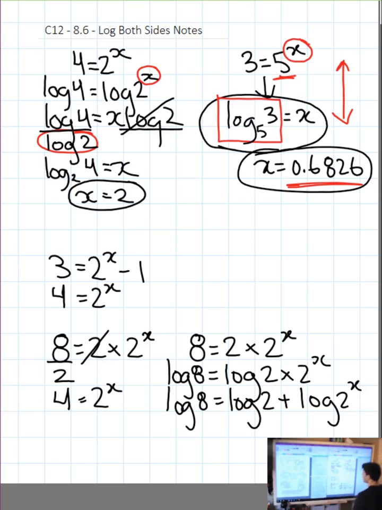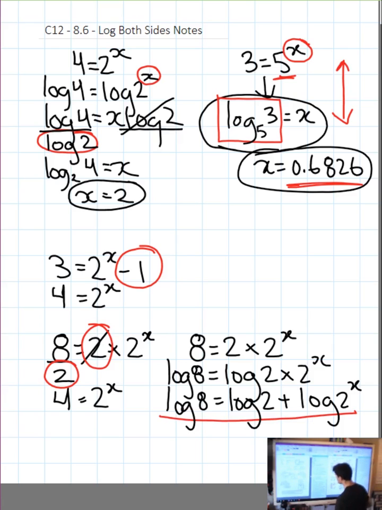Then I could do a bunch more steps trying to solve for x, but remember, it's going to be easier to do your algebra first. Any adding and subtracting that we're allowed to do, any multiplying and dividing that we're allowed to do before, so we don't have to separate into an addition unnecessarily. Sometimes we have to.